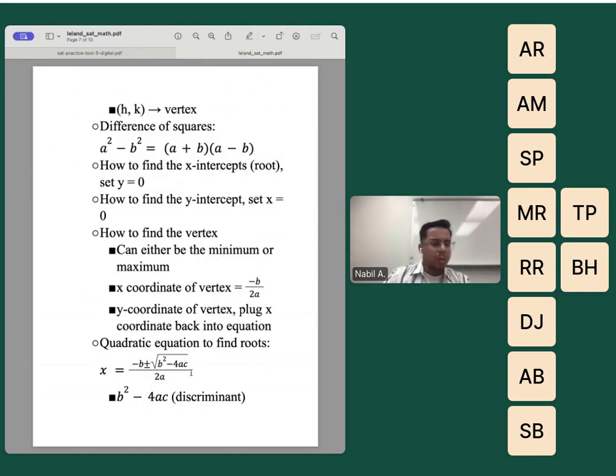Now, let's say we're not able to find our roots, or it's a little bit complex, then we could always use our handy dandy quadratic equation. And yes, you will have to memorize this for the SAT. So x is equal to negative b plus or minus the square root of b squared minus 4ac, all over 2a.